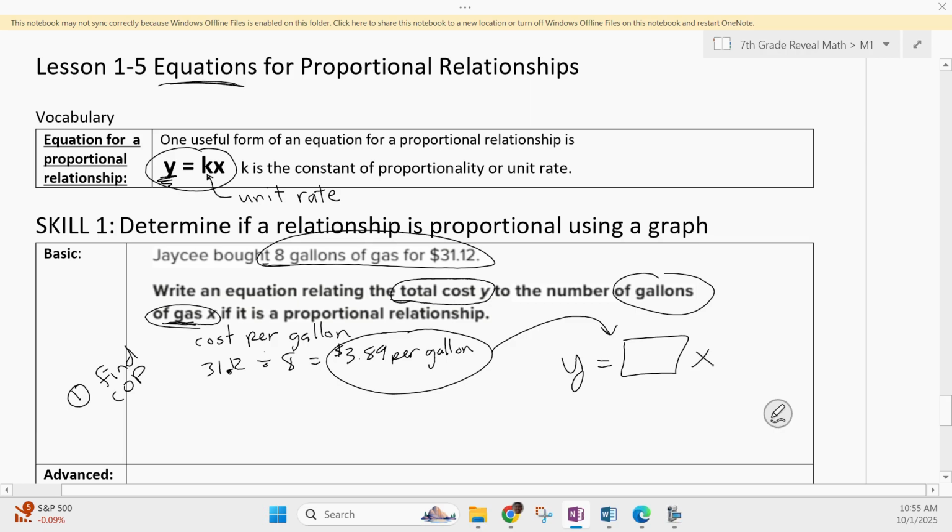What goes in here again? Our unit rate. What does that mean? Well, y represents the total cost.